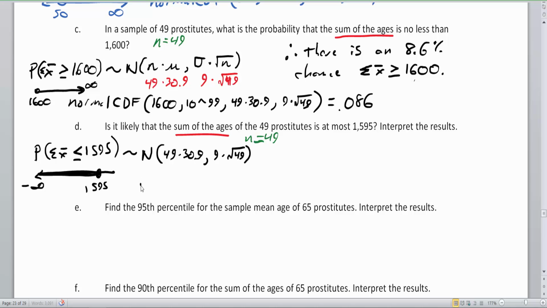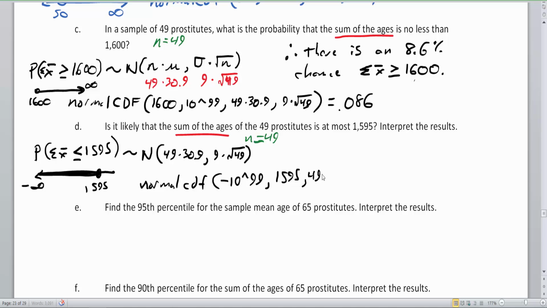Okay, so our normal CDF is going to be from negative infinity, so negative 10 to the 99th power. I mean, in theory, you could put 0 there as well, but we'll stay consistent here. Then we'll go to our upper limit, which is 1595.